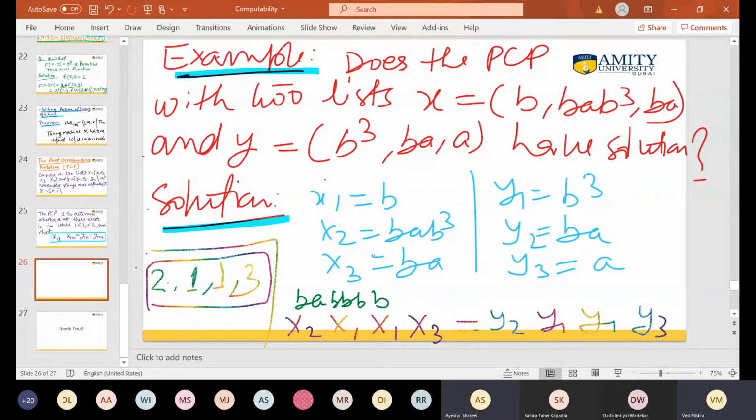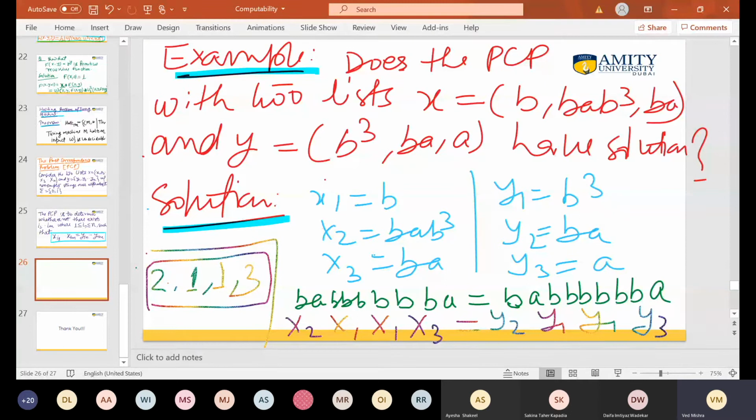B. Then again B. And then what is the value of x3? BA. This is equivalent to y2, BA, then y1, BB, then again y1, BB, and then y3, A.